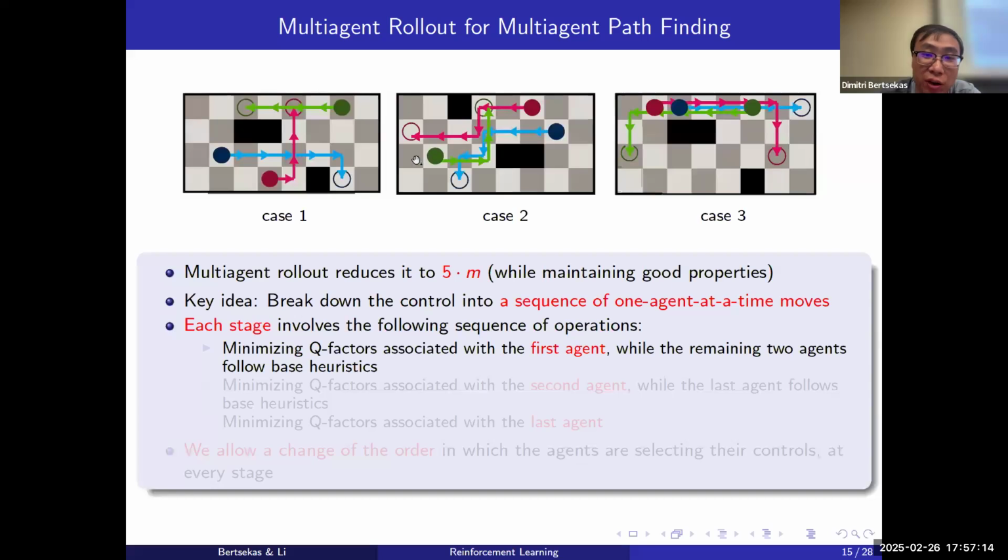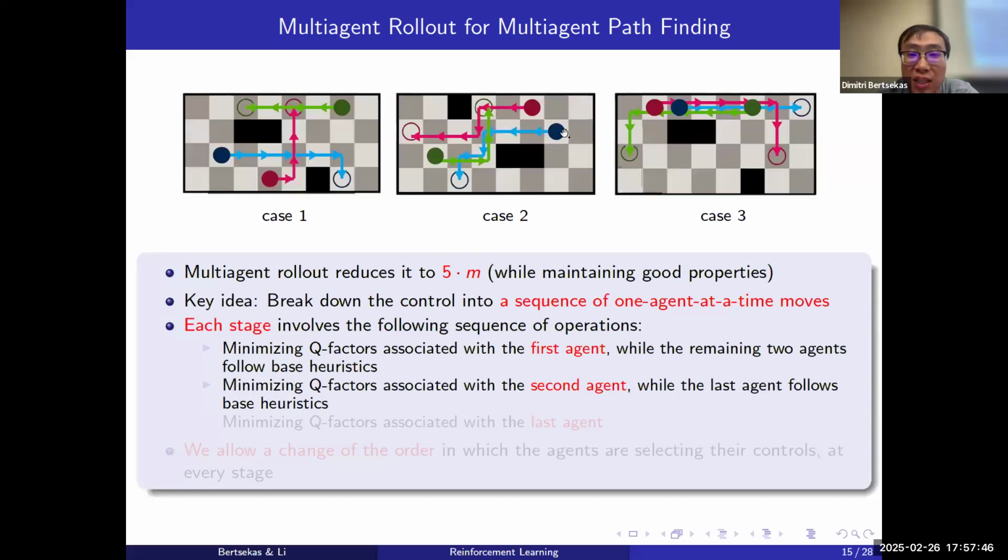You try all 5 different moves of agent 1 and then agent 2 and 3 follow the base heuristic, which is illustrated by the arrows here. And you count how many steps it requires for the 5 different moves, and also count how many collisions have occurred. Based on this cost, you find what is the best action for the first agent.